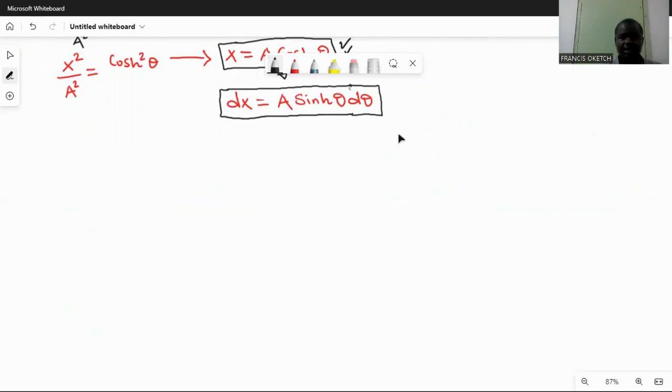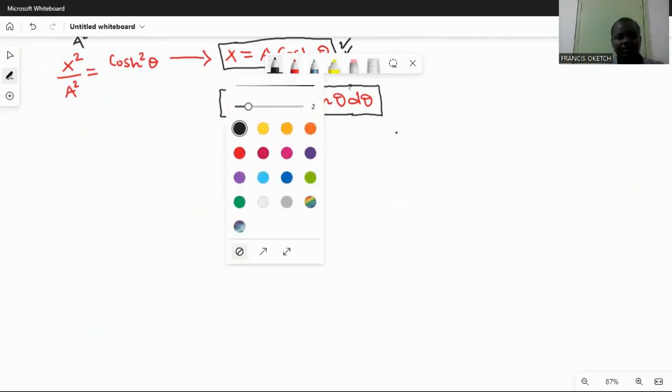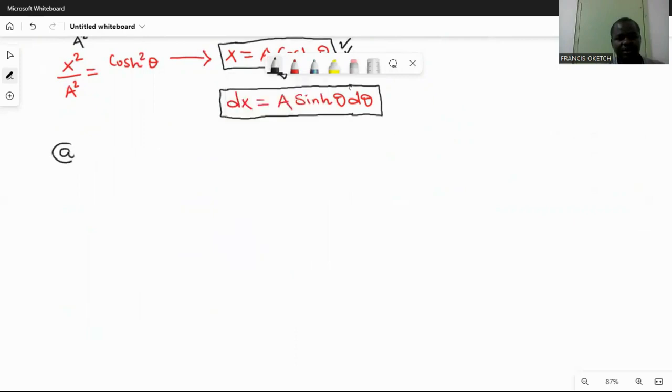Let's say part A, you are told the integral of 1 over the square root of x squared minus 9.